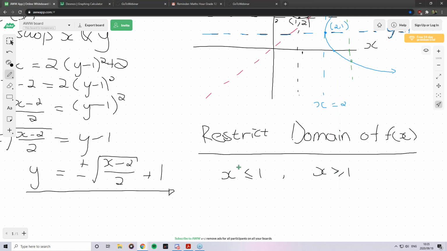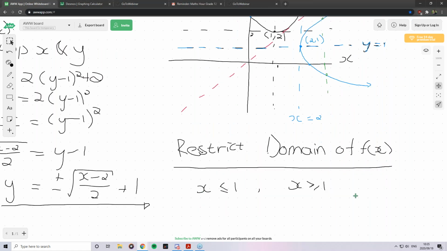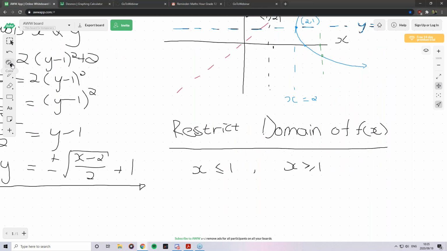You don't have to do both, just pick one. Because the moment you say, all right, this only exists for x less than 1, then you only have one of these lines. And same for this. So that's really important, restricting the domain of x, of f of x.